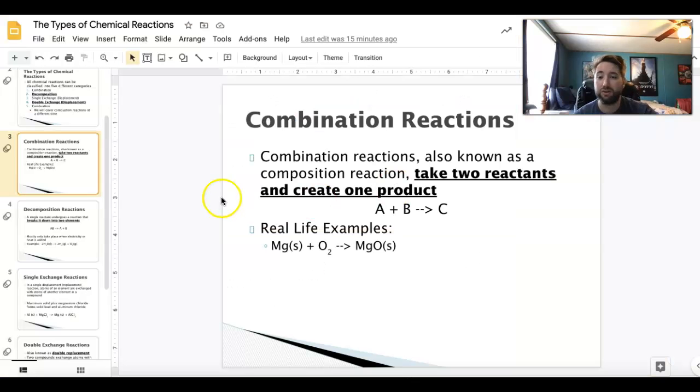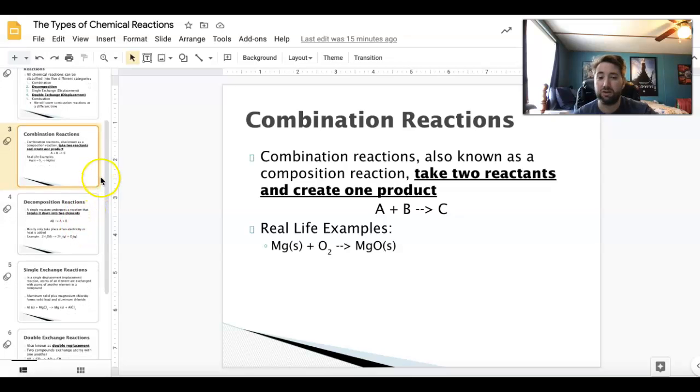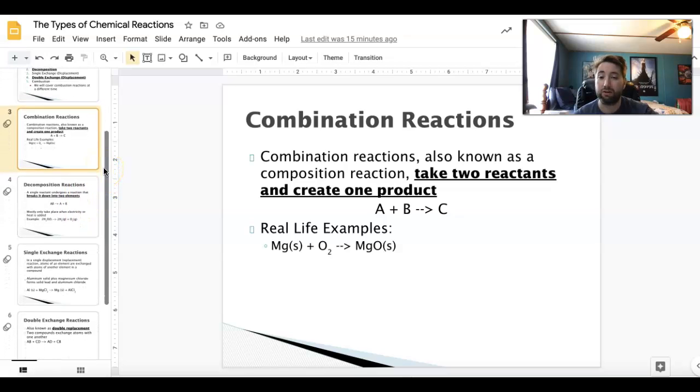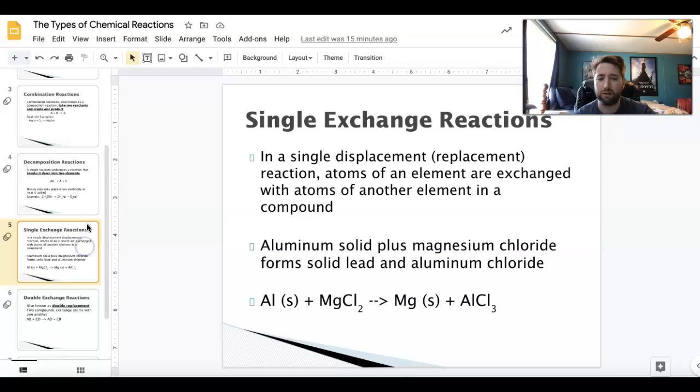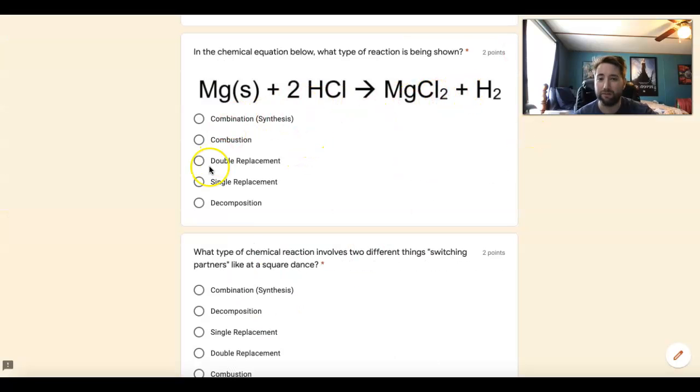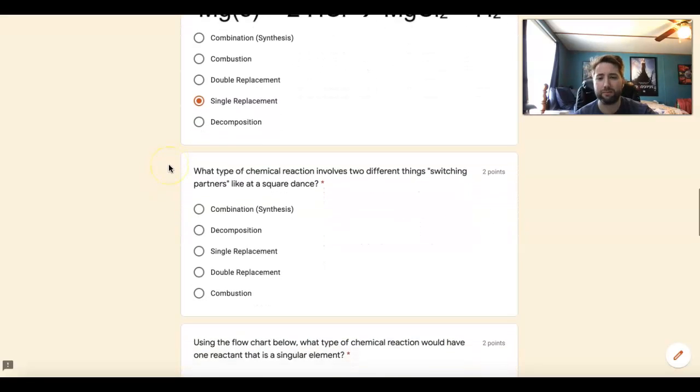If we go to our notes, takes two reactants and creates one product, that's not it. Decomposition, no. This one is going to be single exchange or single displacement because it's got one lone thing kicking out another one. So that one's going to be single replacement.